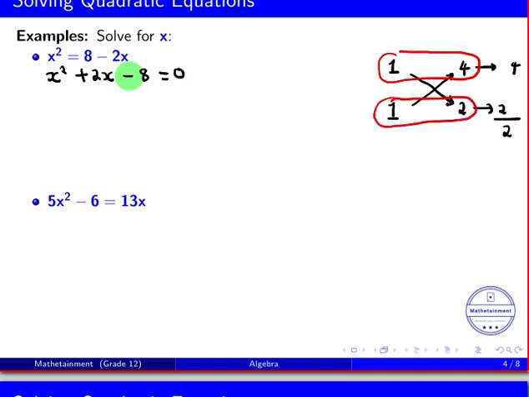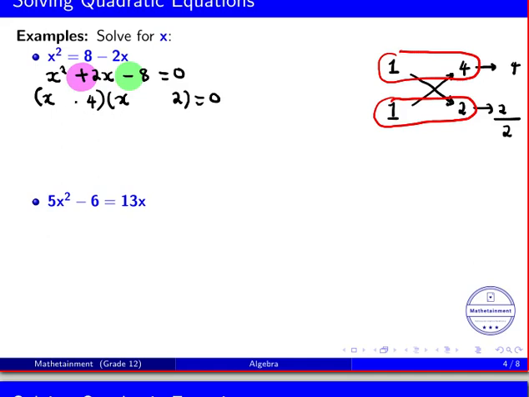But remember that the factors on the left-hand side, you suffix them with x. So it means we have x going with 4 and we have x going with 2. That is equal to 0. Now, the sign that I highlighted in green there means that our factors have different signs. Now that you know that they have different signs, the sign that I'm highlighting in pink says that the bigger number deserves that pink sign.